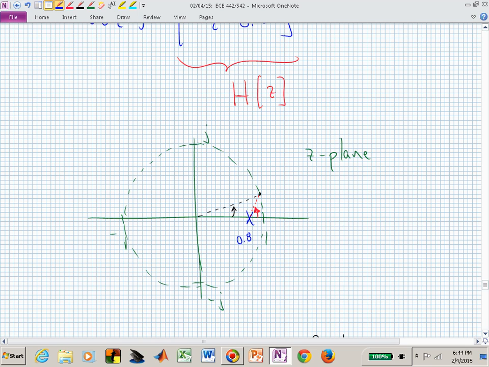We knew where we were on the unit circle, and we could measure that distance if we had an accurate enough ruler, and we could measure that angle, and that would be how we would adjust the magnitude and change the argument of our cosine to generate this sinusoidal steady state output. But now you know how to design filters for a discrete time system. If you want to, you could make it a 5th order Butterworth, and build out your difference equation using the same kind of strategy that we've done here.